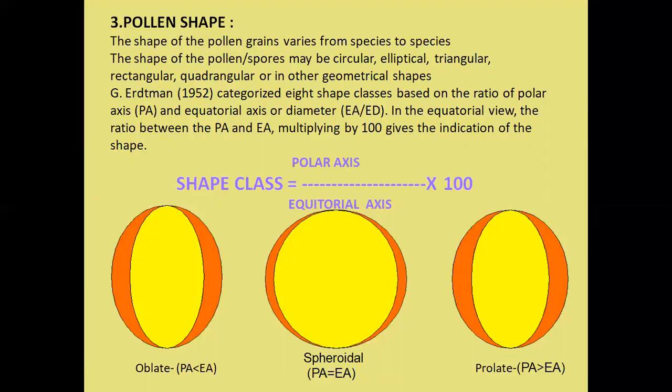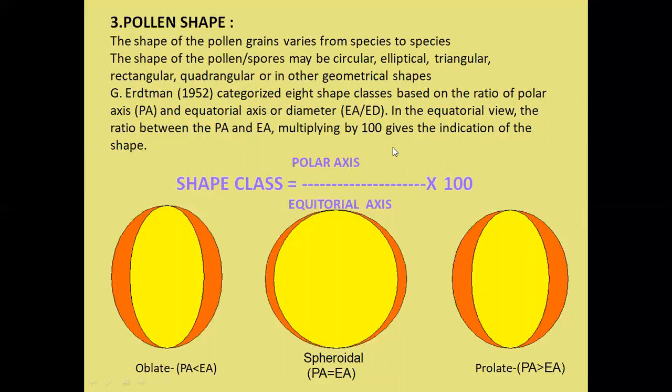But in one aspect, G. Erdtman categorized 8 shape classes based on the ratio of the polar axis and equatorial axis or equatorial diameter. In the equatorial view, the ratio between the polar axis and equatorial axis multiplied by 100 gives the indication of the shape.